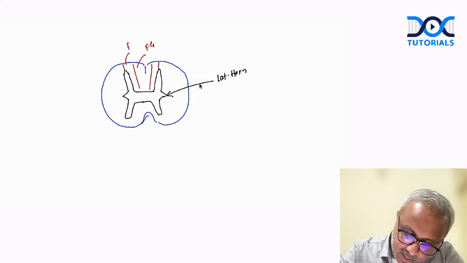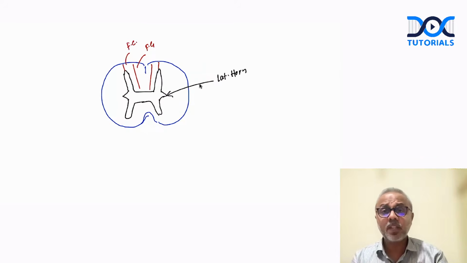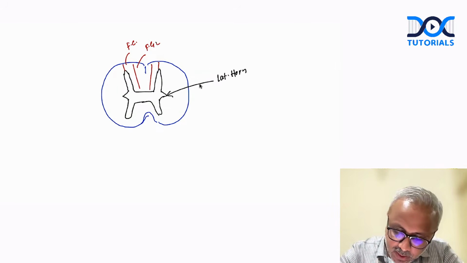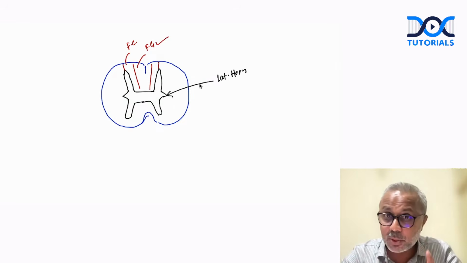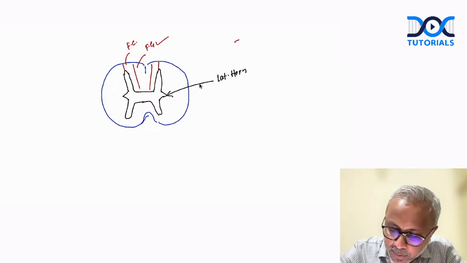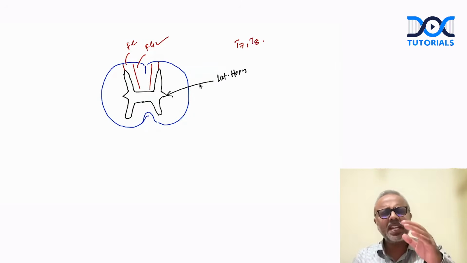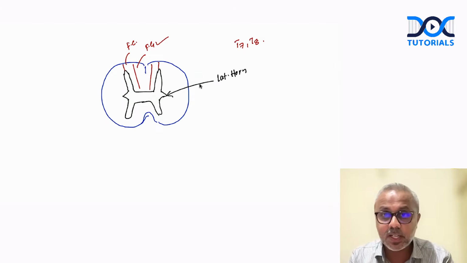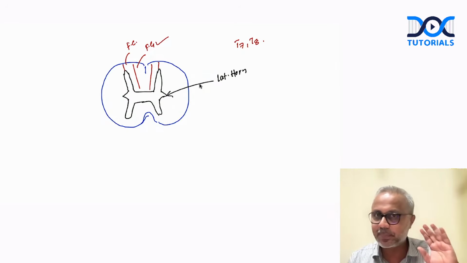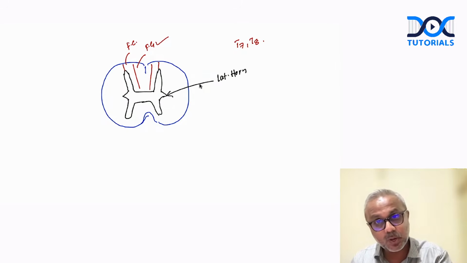We have the fasciculus cuneatus. Now, the question is, would you write the fasciculus cuneatus if they ask you to draw the section of the spinal cord, let's say at the level of T7 or T8, any level below T6? Remember, the fasciculus gracilis is present throughout the spinal cord, right? Starting from the coccygeal region till we go to the sacral region.